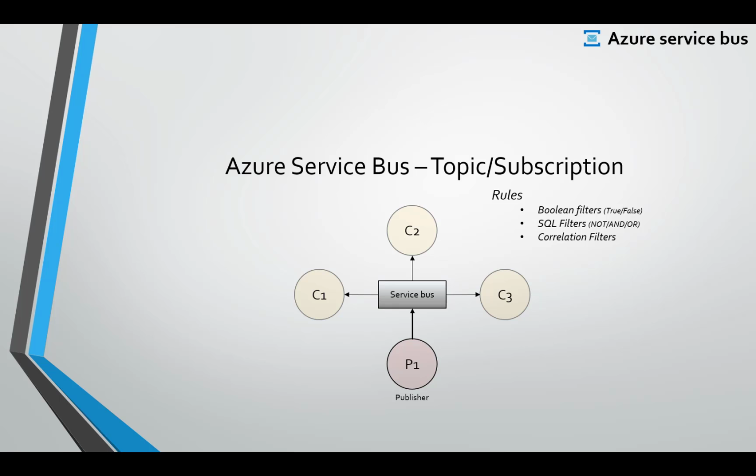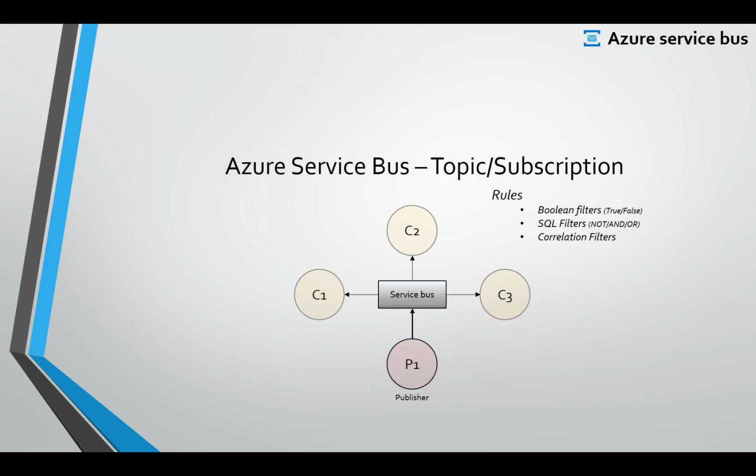So next time the publisher publishes a message, the service bus will make sure that the subscription receives only orders that are above that total amount.